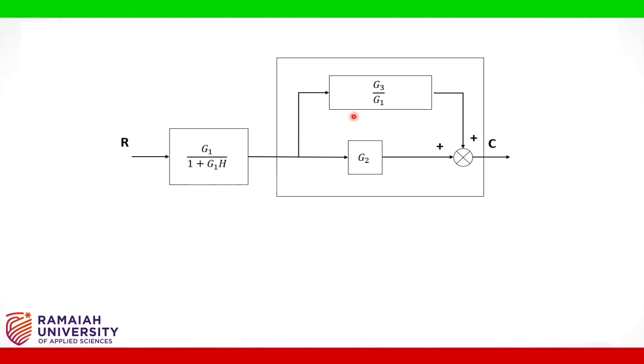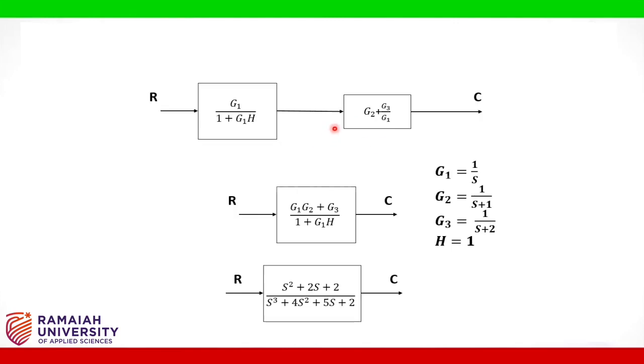So after reducing, we have G3 by G1 and G1 by 1 plus G1H. Now G3 by G1 and G2 are in parallel. So after reducing, G2 plus G3 by G1 and G1 by 1 plus G1H are in series.